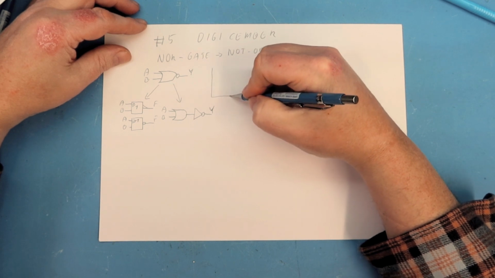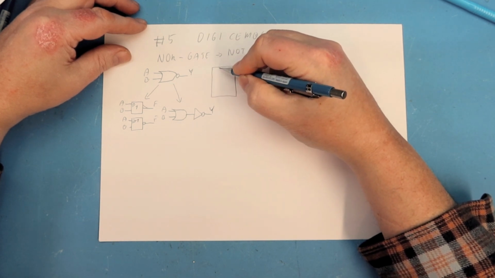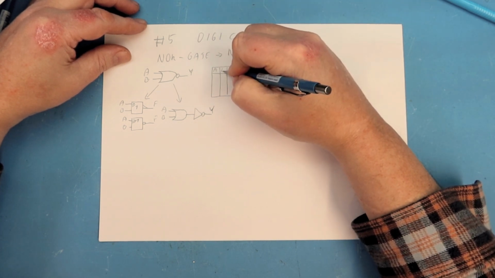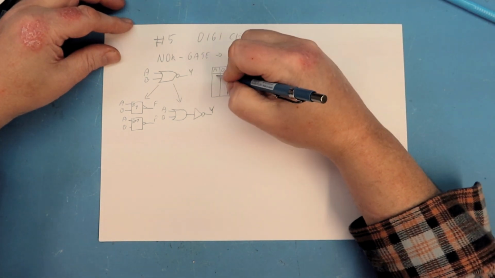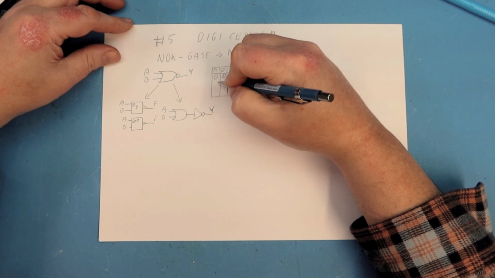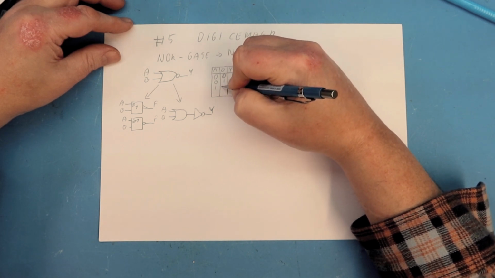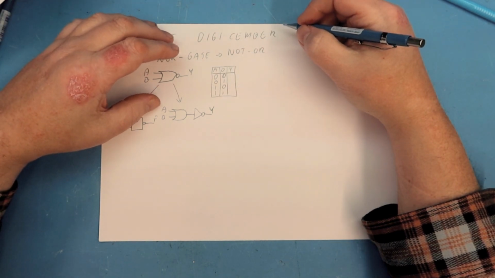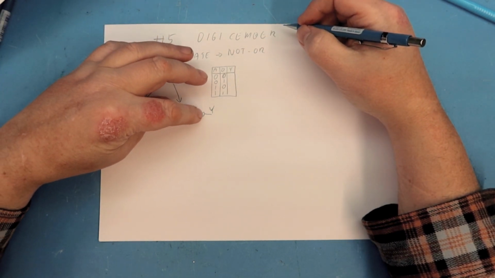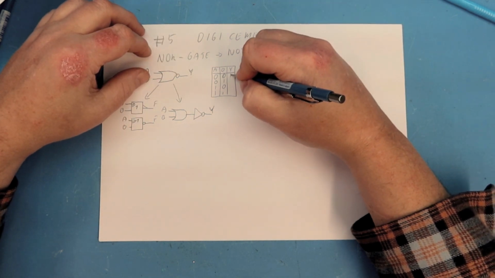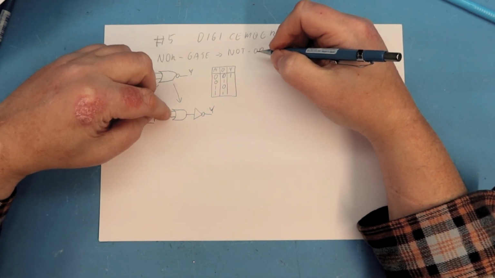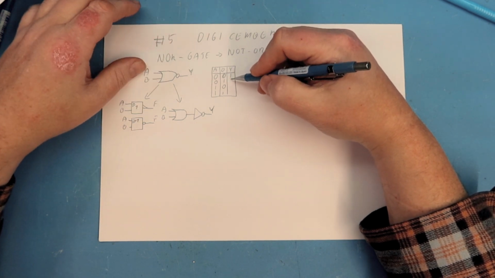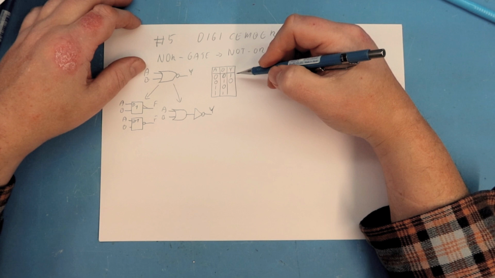The truth table for something like this is just that we take the truth table for an OR gate and we invert it. We do the counting, like so. If we have 0, 0 on an OR gate, that will be inverted to a 1. If we have 1 and a 0 on an OR gate, that will be a 1, and that is inverted to a 0.